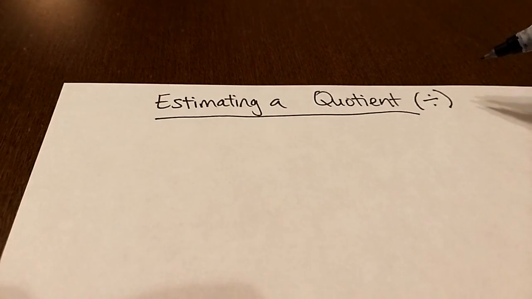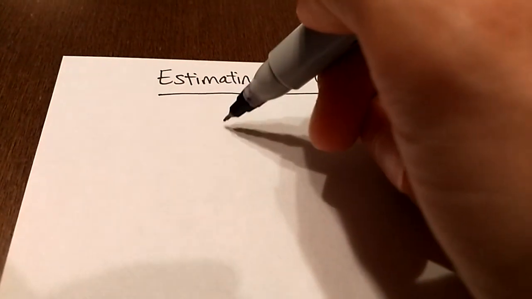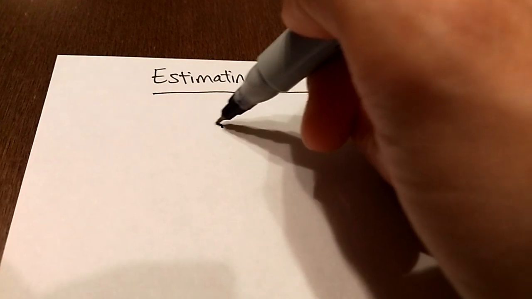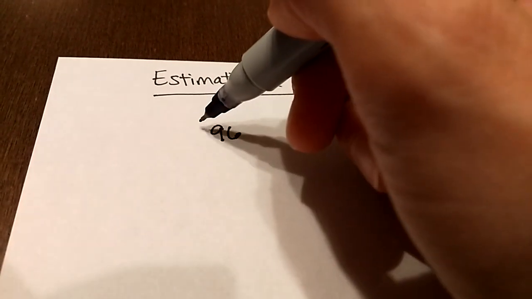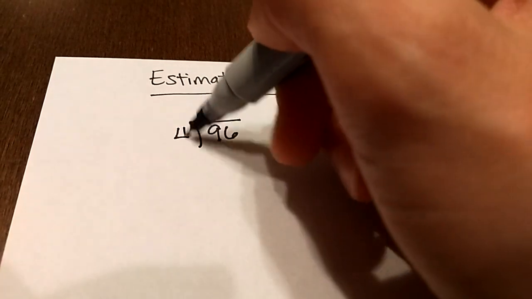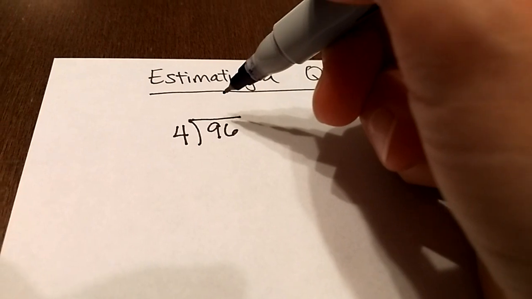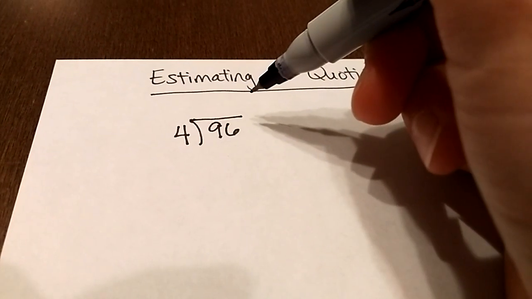So let's say our division problem is 96 divided by 4. Okay, we're going to find the answer first. We're going to find the quotient first.